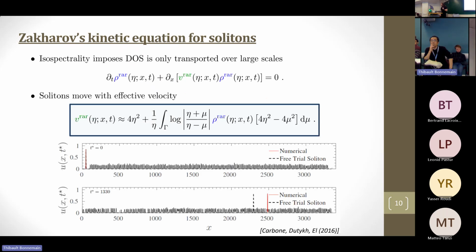And here's a small figure to illustrate this. So here I have a tracer soliton that I send through a rarefied gas, and I compare its position after a while to that of a free soliton with the same velocity. You can see that its effective velocity is a bit bigger than the free one. Okay.